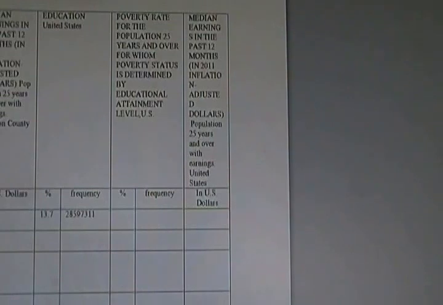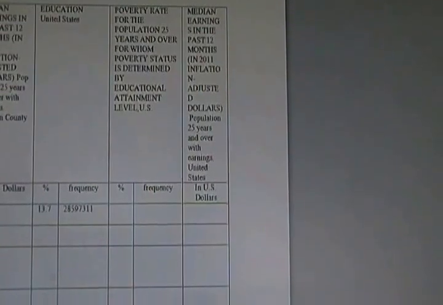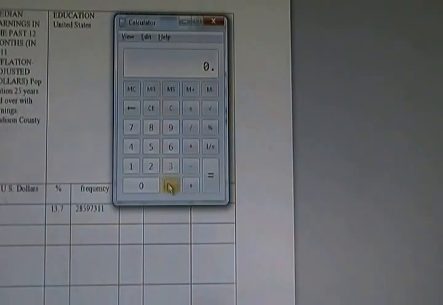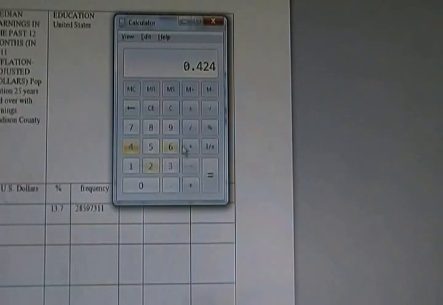Okay, you use the same technique here. You go ahead and multiply that by the population, 208,739,498. So 0.424 times 208,739,498.